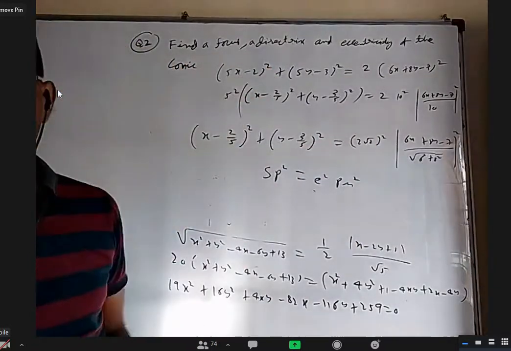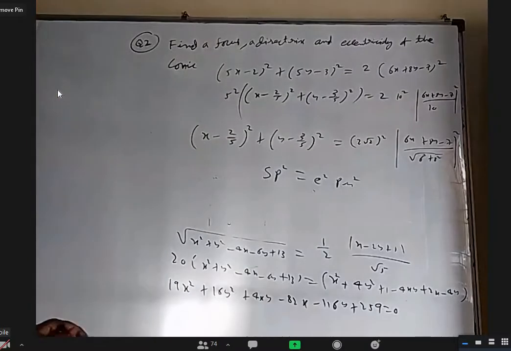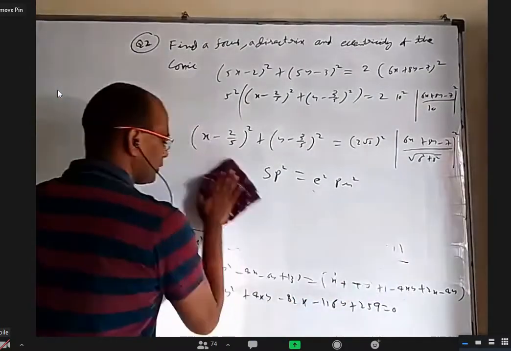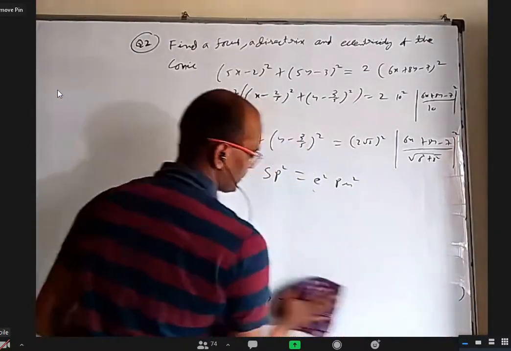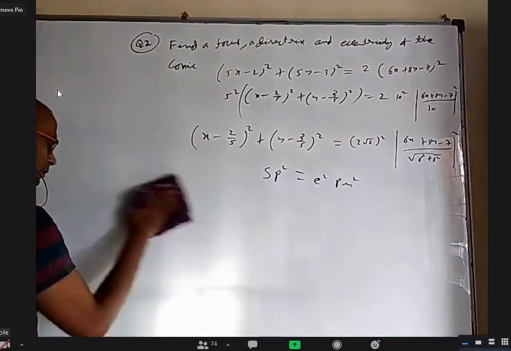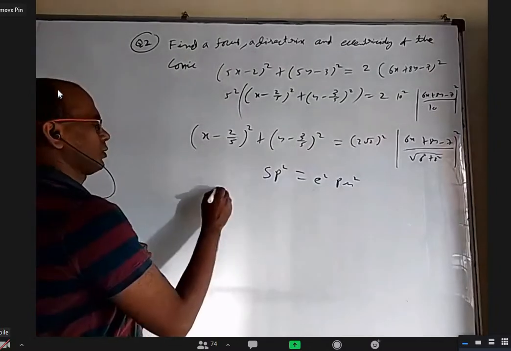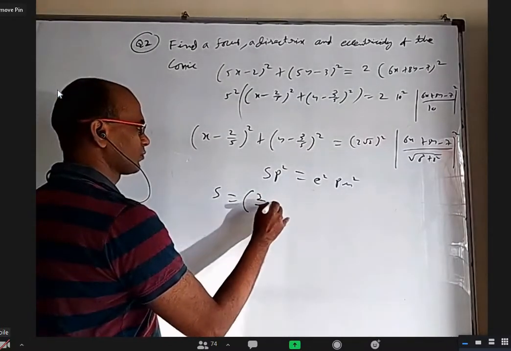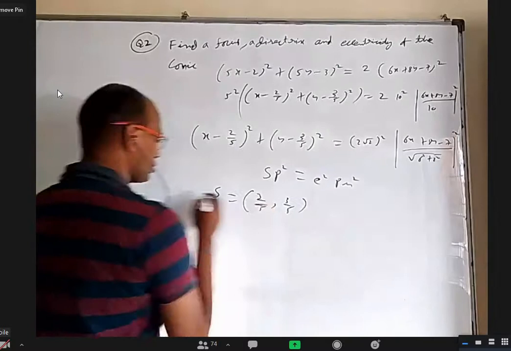What do you think this equation represents, ellipse or parabola or hyperbola? Hyperbola. Why? E greater than 1. Yes, eccentricity is more than 1, so it is hyperbola. So S is equal to 2/5, 3/5, the focus.